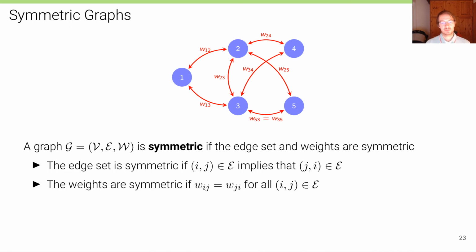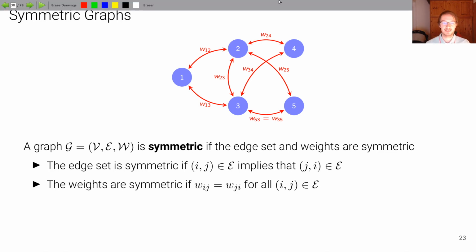Okay. A graph is called symmetric, or sometimes also undirected, if the edge set and the weights are symmetric. And the edge set is symmetric exactly if the edge ij being part of the edge set implies that also the edge ji is part of the edge set.